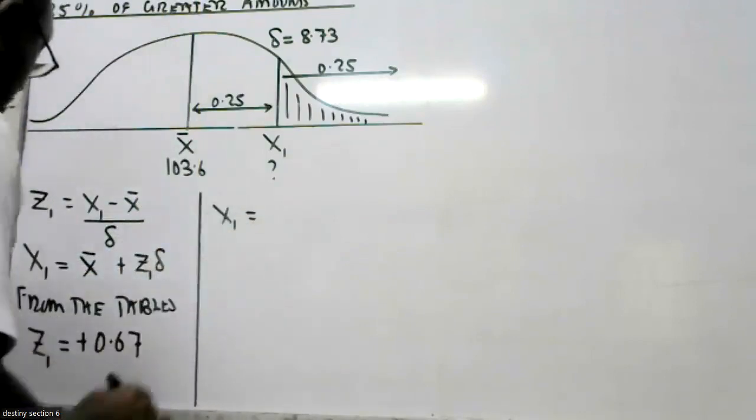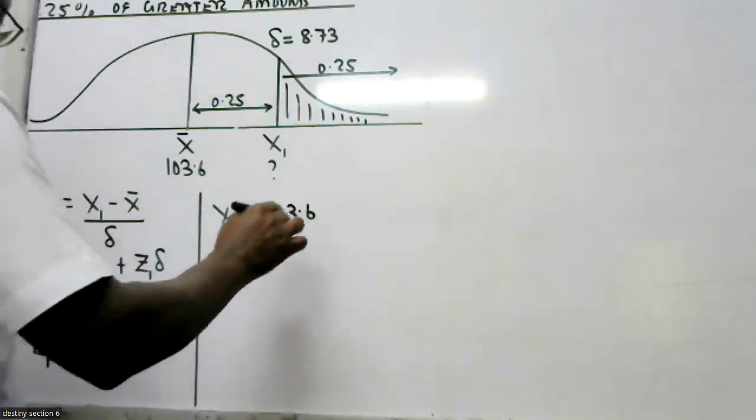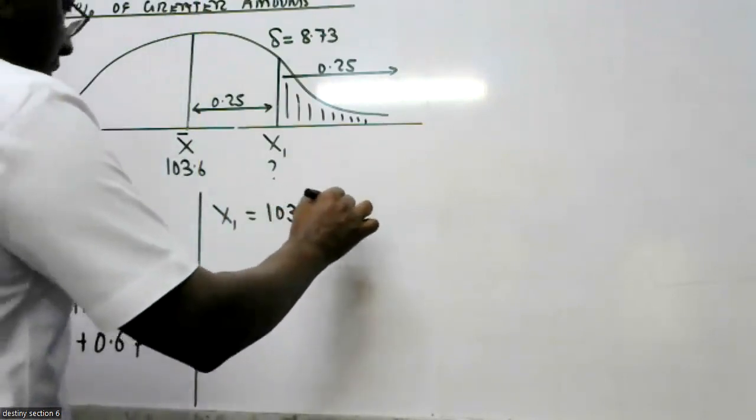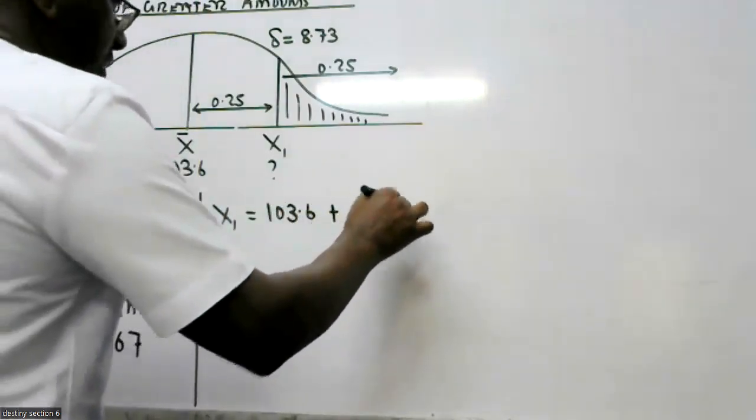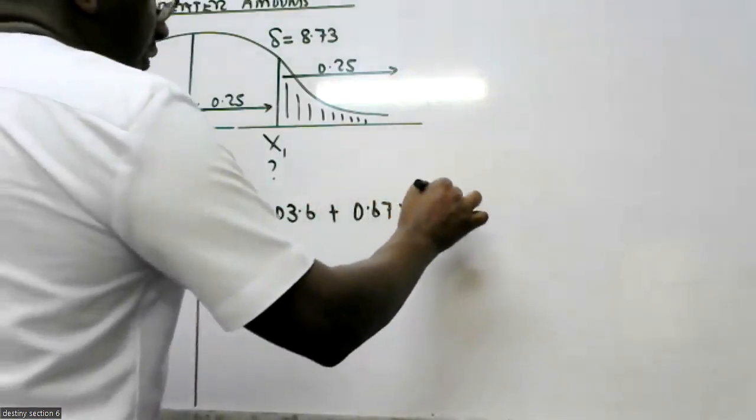X1 will now be equal to X bar, 103.6, plus 0.67 multiplied by the standard deviation, which is 8.73.